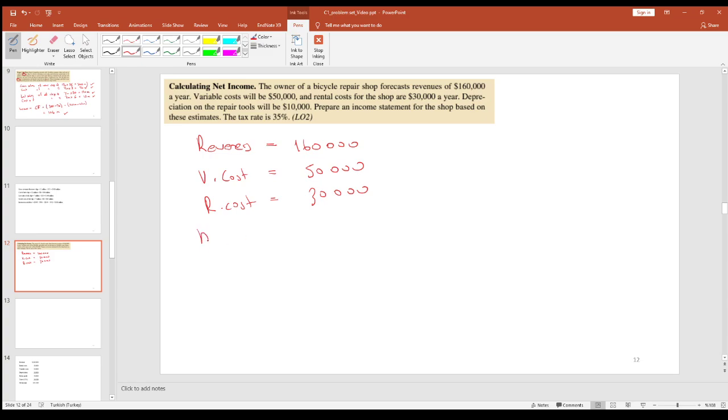And your depreciation will be 10,000. So the result of this is equal to earnings before interest and tax, and the result will be 70,000.